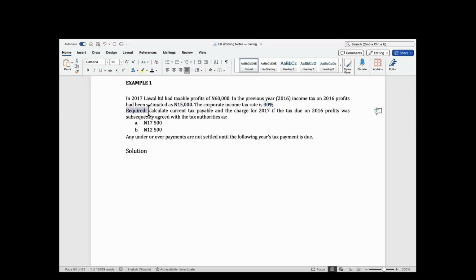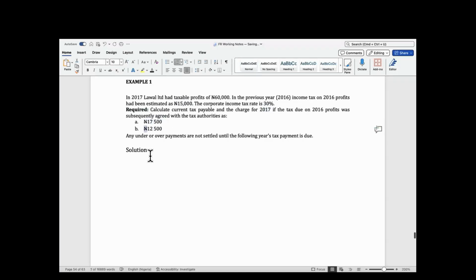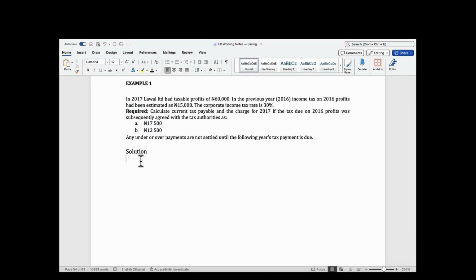We're now asked to calculate the current tax payable for 2017, if the tax due on 2016 was subsequently agreed with the tax authority as A, 17.5, B, 12.5. So no doubt, what the question wants us to do is the current tax payable and the charge for 2017.